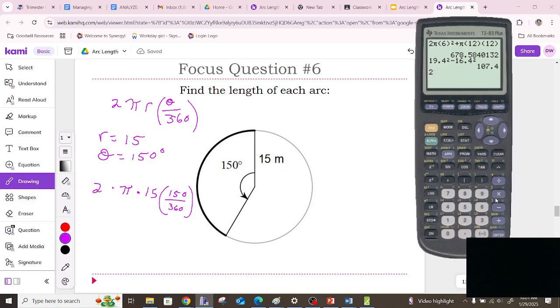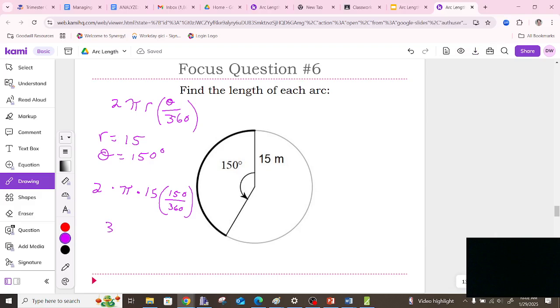So 2 times pi times 15. Now I'm going to put in the fraction, which is 150 over 360. No, no square at all. We will be squaring because we're going to be talking about areas in a minute here. So this would be 39.3 meters.